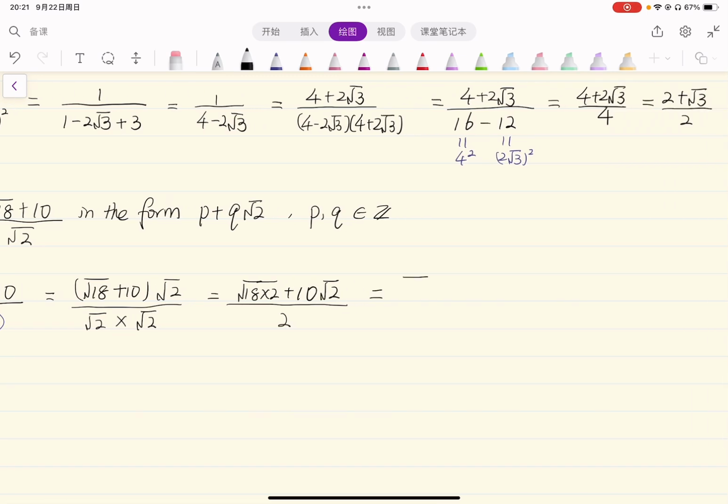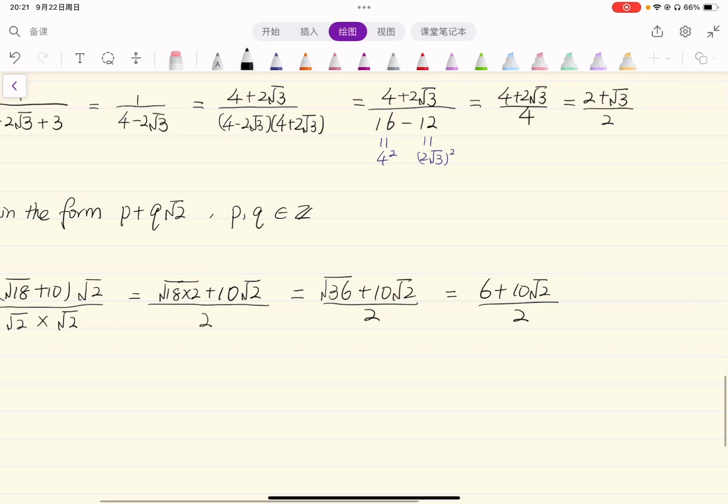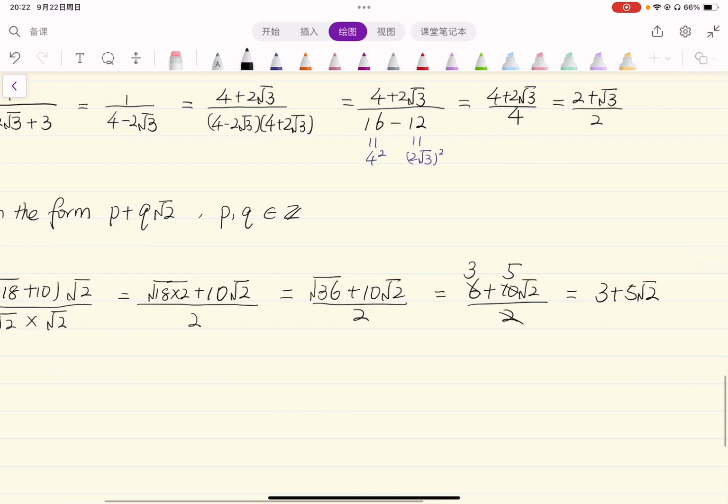Calculating, we have square root of 36 plus 10 square root of 2 over 2. Square root of 36 is a square number, so we have 6 plus 10 square root of 2 over 2. We can cancel 2: 6 divided by 2 is 3, and 10 divided by 2 is 5. What we are left with is 3 plus 5 square root of 2. Thus, p equals 3 and q equals 5.